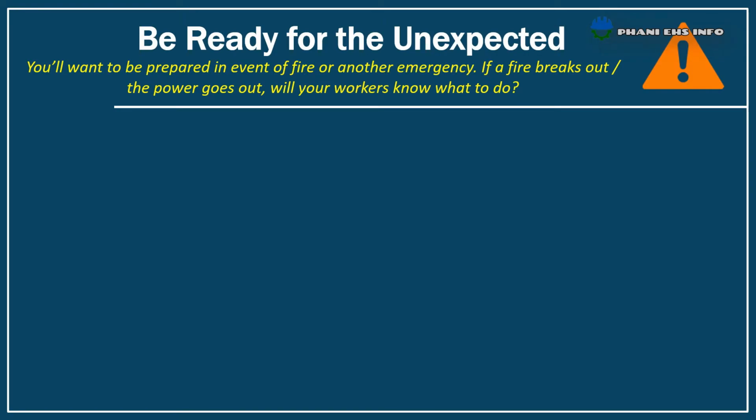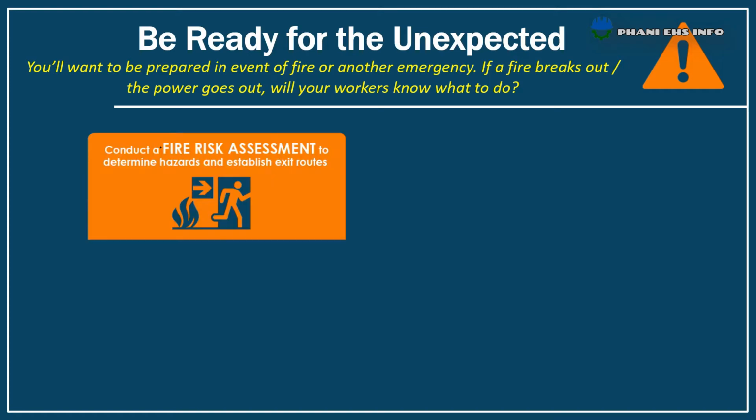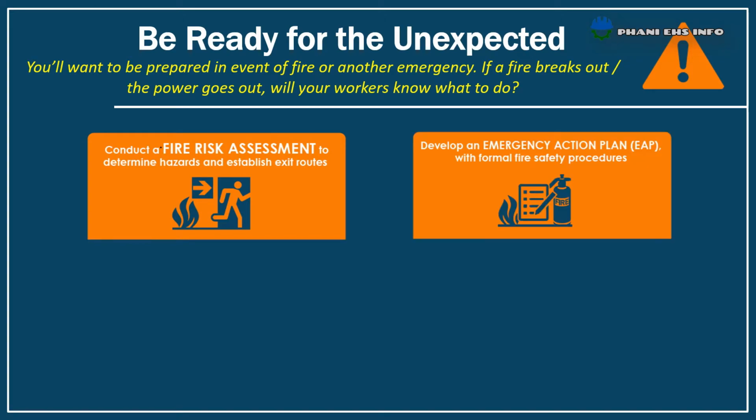Take steps towards improving safety with these steps. Conduct a fire risk assessment to determine hazards and establish exit routes. Develop an emergency action plan with formal fire safety procedures. Have a spill kit on hand to contain, control and absorb leaking fluids.